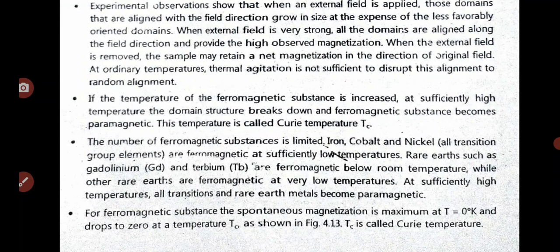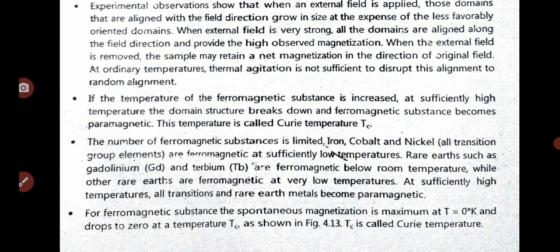Now in this experimental observation, an external field is applied, and we have to see the domain alignment that is shown. Those domains aligned with the field direction grow in size at the expense of less favorably oriented domains.